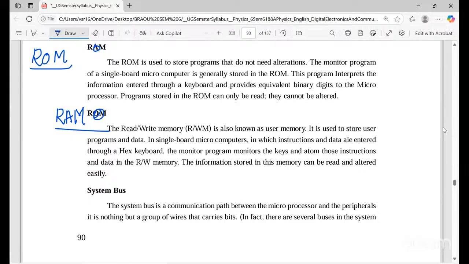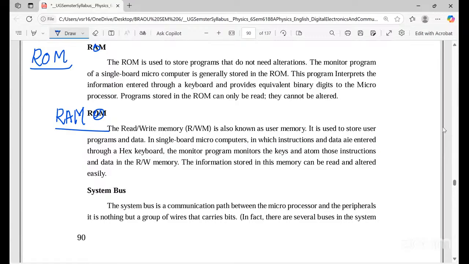Monitor program monitors the keys, and the instructions and data in the read write memory. So here the information stored in this memory can be read and altered easily. Different programs we are using there only.